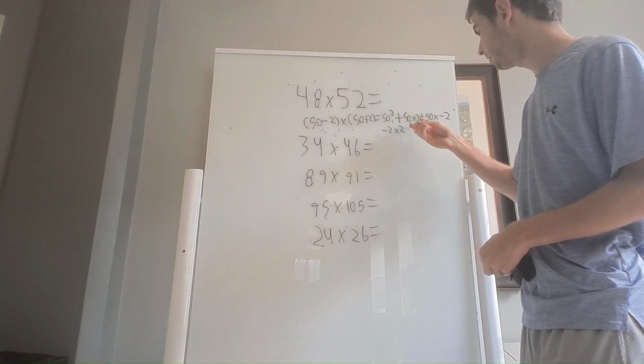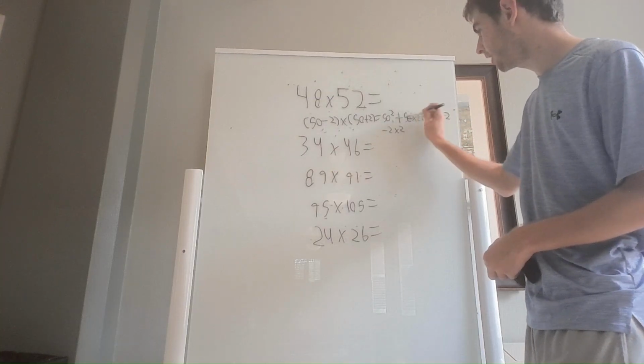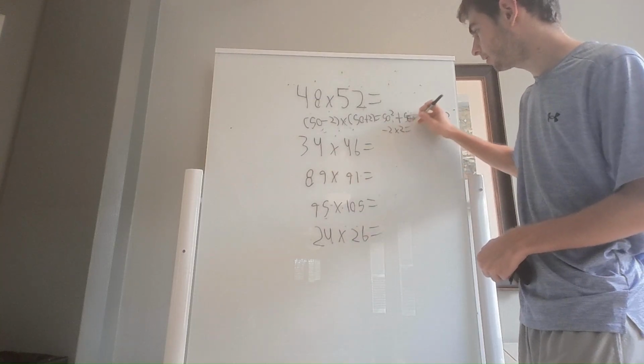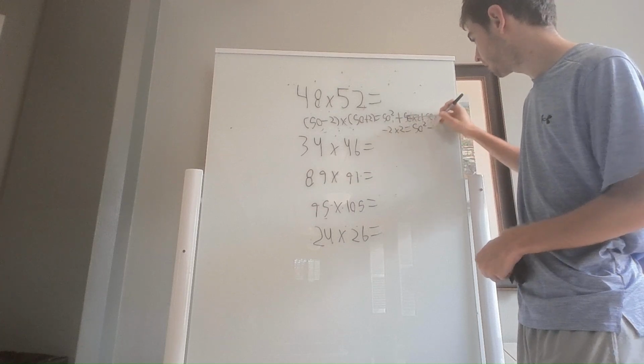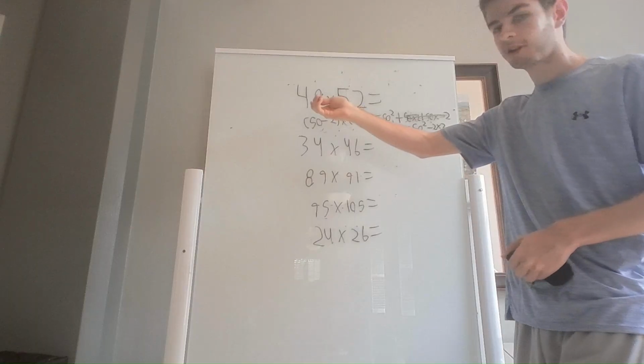So what you may see here is this 50 times 2 and this 50 times negative 2 cancel each other out. And you're left with 50 squared minus 2 squared.